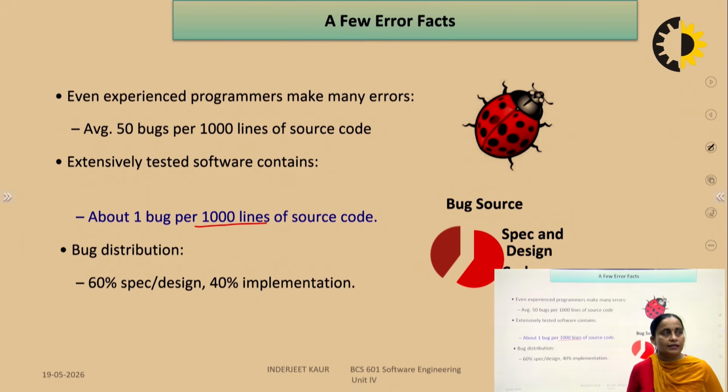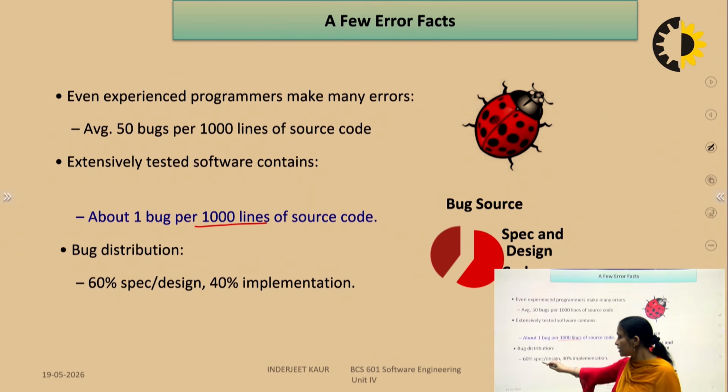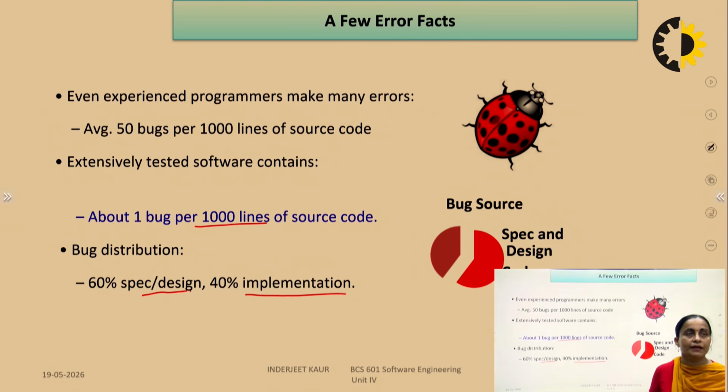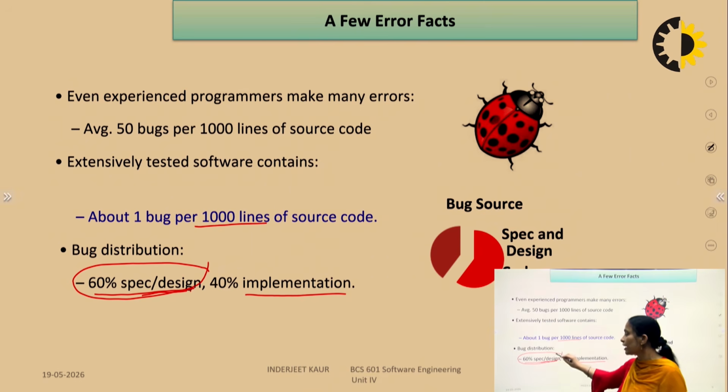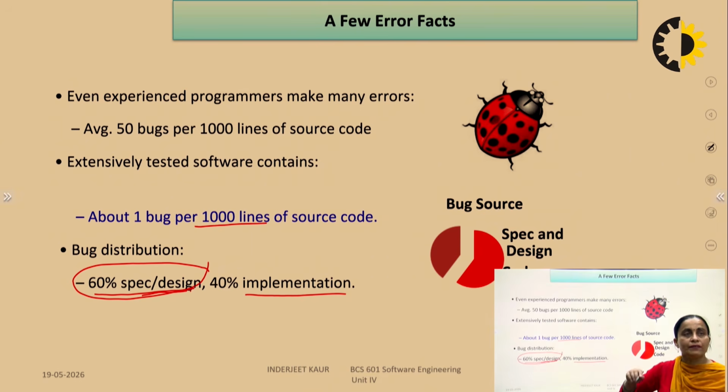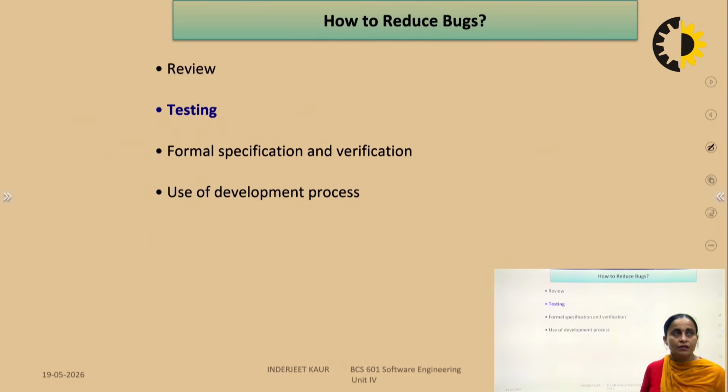There can be 60% specification and design bugs, and 40% of them are found during implementation. 60% of these bugs are found when I have written the specification and then move to the design phase, and 40% are found during implementation.